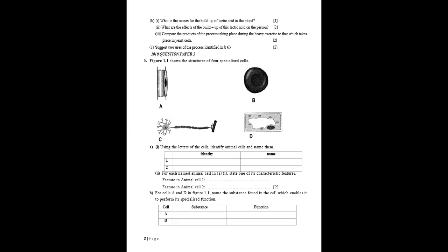Question B1. What is the reason for the buildup of lactic acid in the blood? It's because of insufficient oxygen in the body, and the cells started to respire anaerobically.